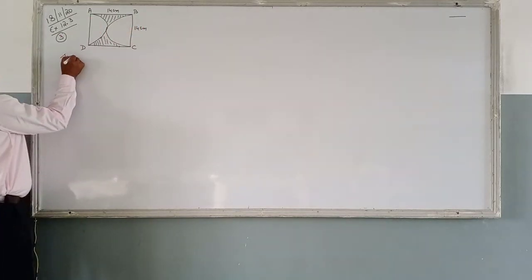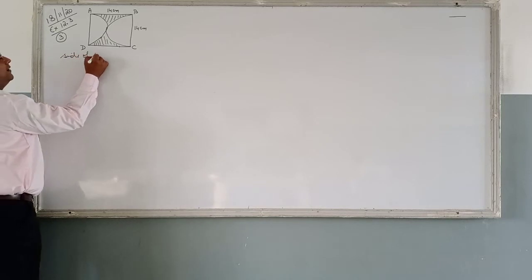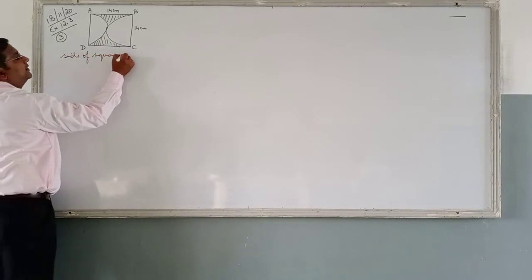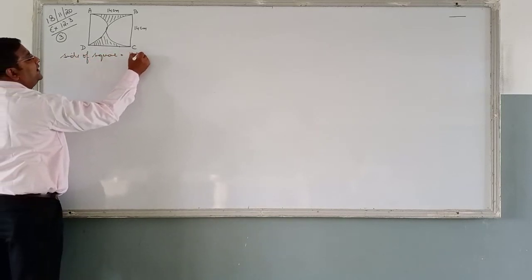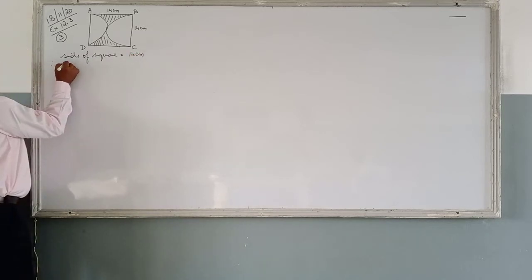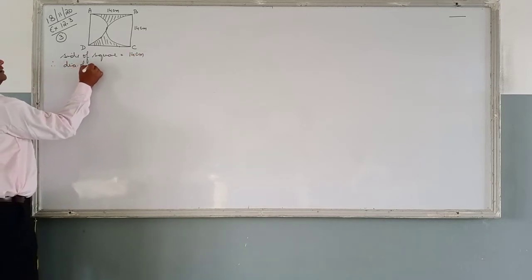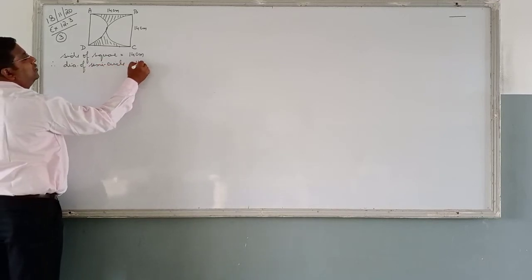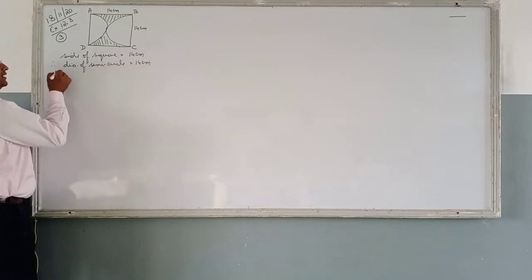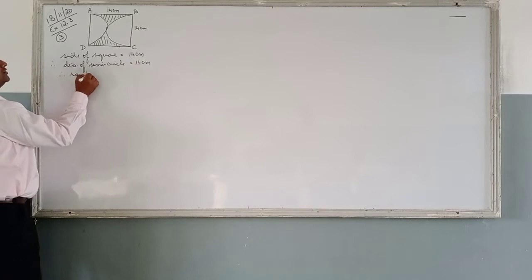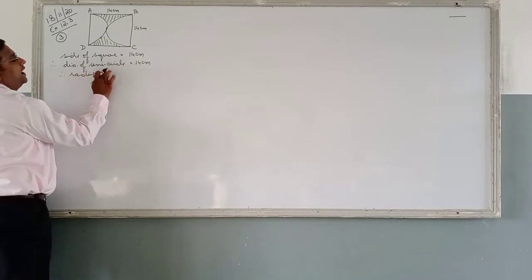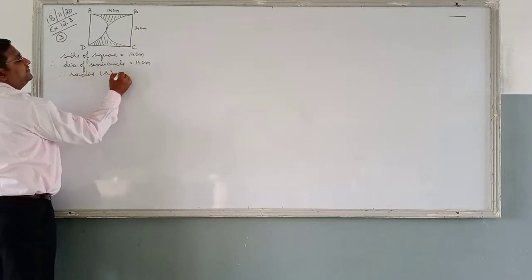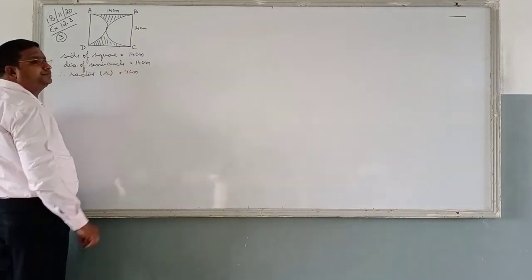That means the side of the square equals 14 centimeter. Therefore, the diameter of the semicircle is also 14 centimeters. So the radius becomes how much? Radius is equal to half of the diameter, 7 centimeter.